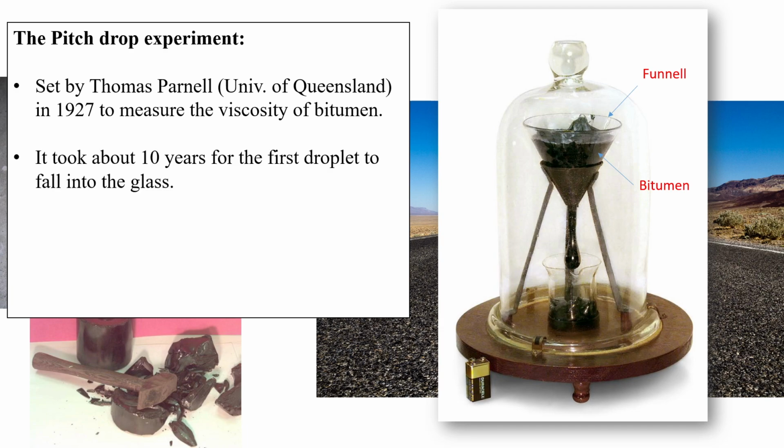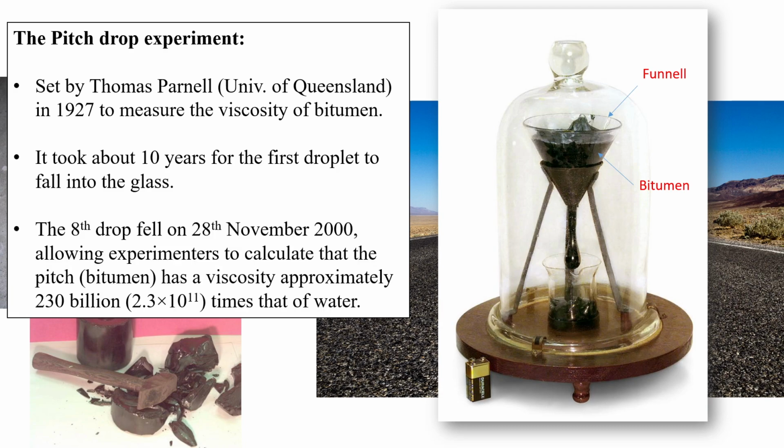I don't know too much, but it took 10 years for the first drop to fall into the glass, and so on. So that's quite nice. That experiment's been running since 1927. I don't know too much about it other than that, but I would imagine other factors would influence it.